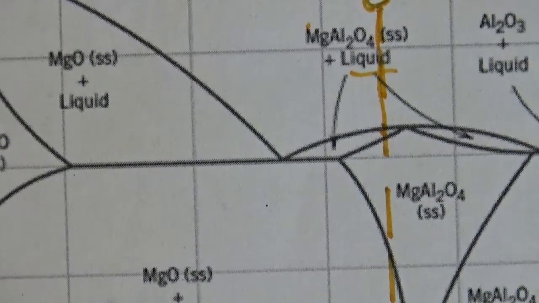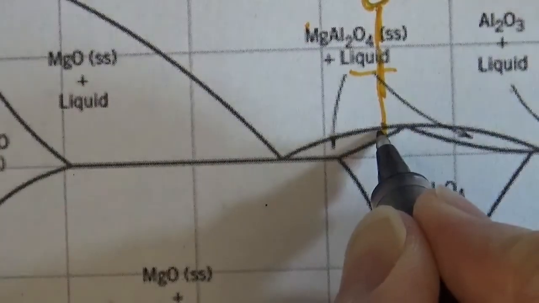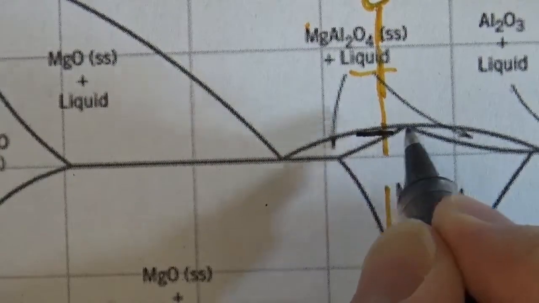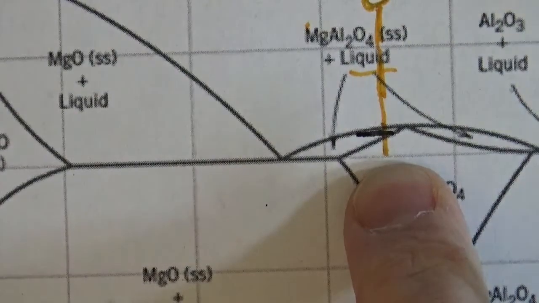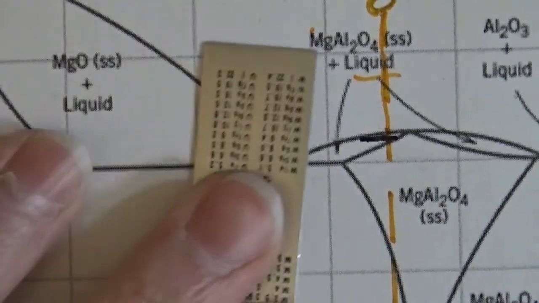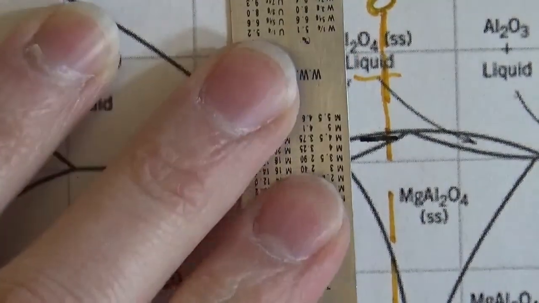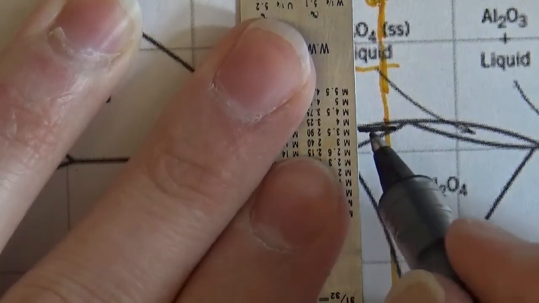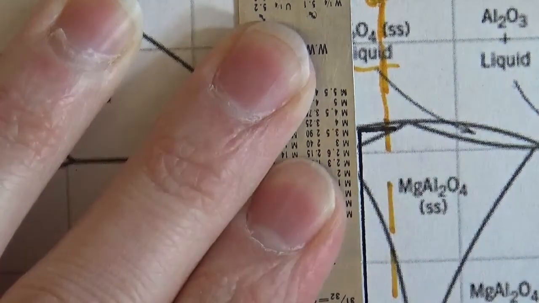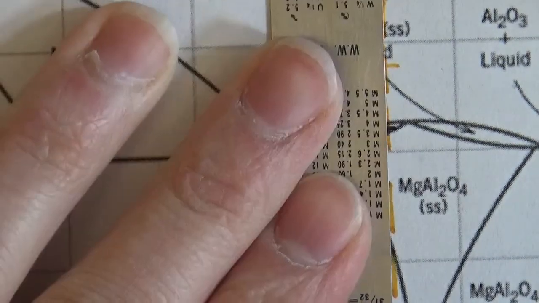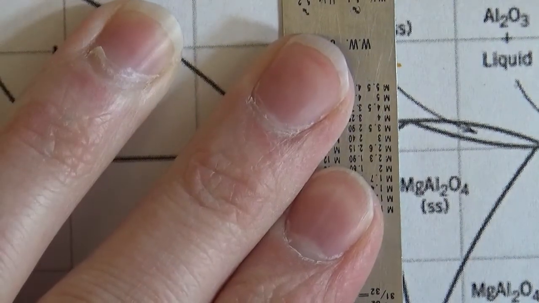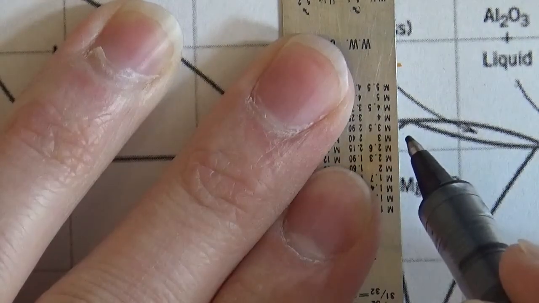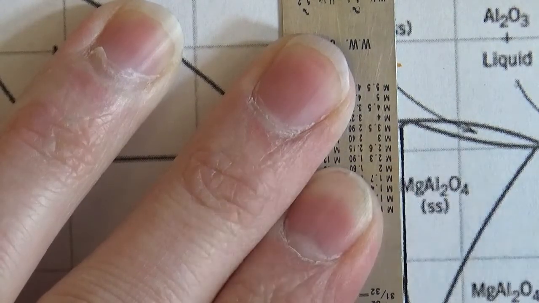Let me find a pen. So we can draw tie lines, for example, that go across like that, and then we could drop down like that.